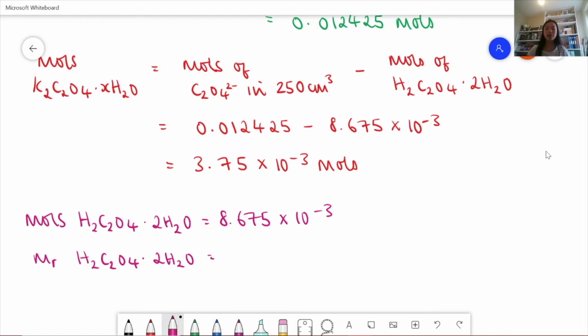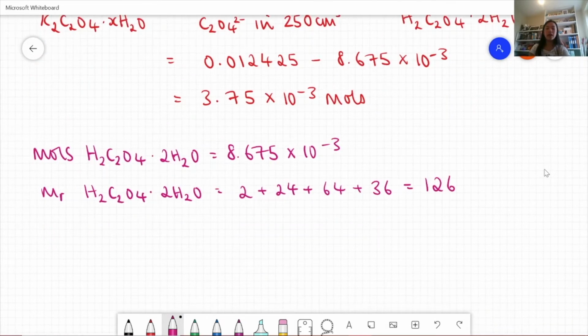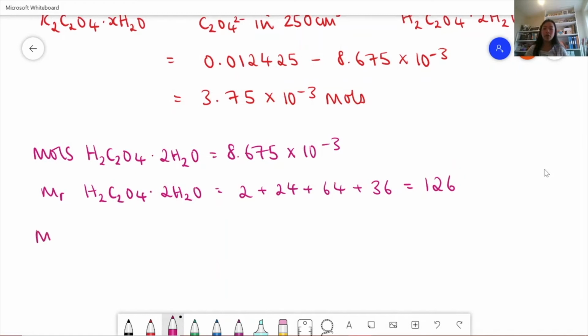So MR is equal to 2 plus 12 times 2, which is 24, plus 64, plus 2 times H2O, and 1 H2O is 18, so 2 times H2O is 36. And so this gives us 126.